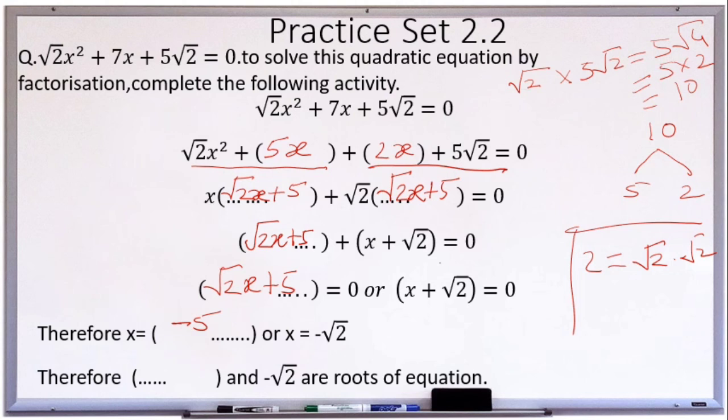See, this plus 5 shifting to the right side of the equation becomes minus 5 upon root 2, or x is equal to minus root 2. Hence minus 5 upon root 2 and minus root 2 are the roots of the equation, or are the solutions of the given quadratic equation. Hope you have understood this practice set 2.2.